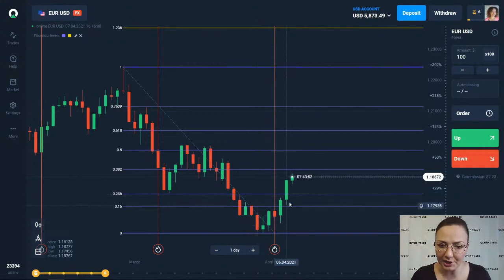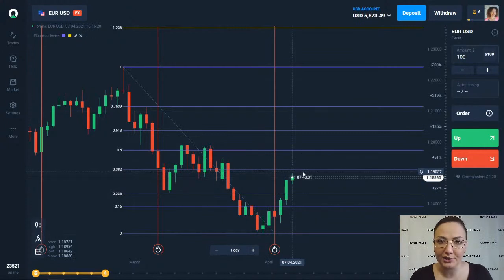The price can reach the 23.6 level, bounce from it, and we can continue in the direction of our trend. If this does not happen, the price can break this level, and then we can expect the price to reach the next level, which is 38.2.